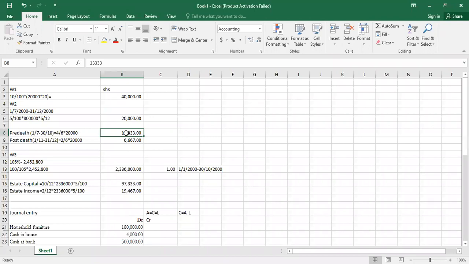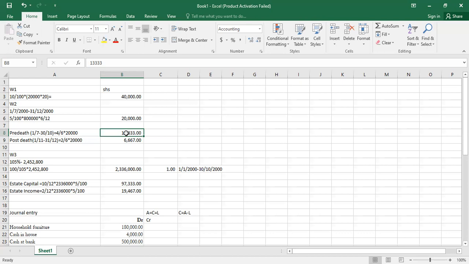And what will happen to the post-death, the 66, 67? What happens? Should remember that cardinal rule. We said on the death, any assets including the accrued income up to the date of the death will be treated as capital, but any income that will be arising after that, or what we call the post-death, will be treated as income, isn't it?